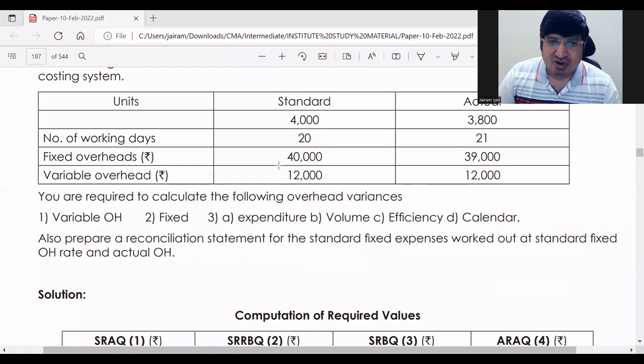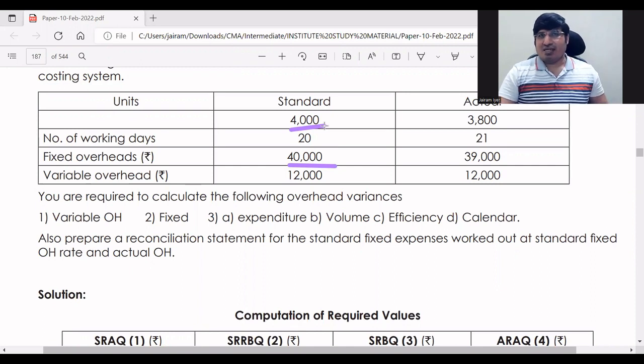Here, this 40,000 is your fixed overheads. Upon units you do, you will get the standard rate. Standard rate is what we have to use in front of everything. So 40,000 upon 4,000 is 10. That is your standard rate. We've got the standard rate.